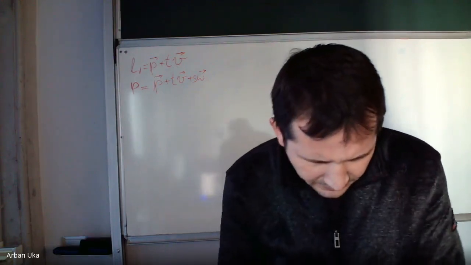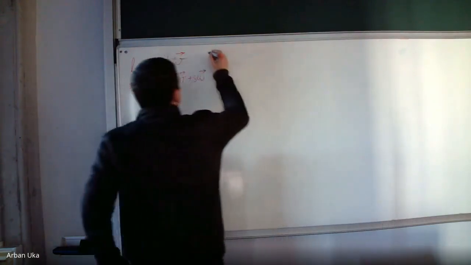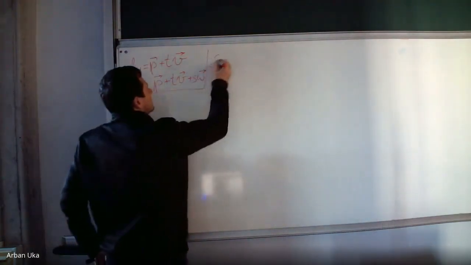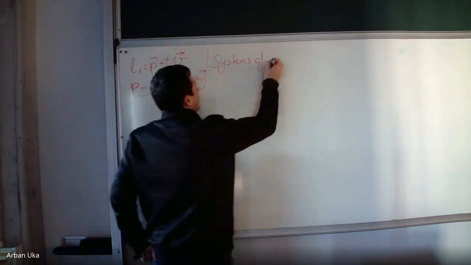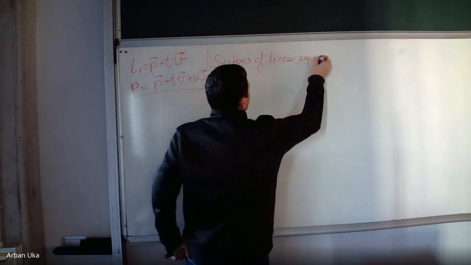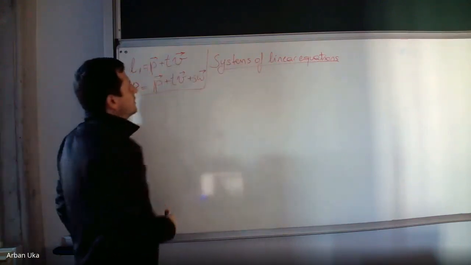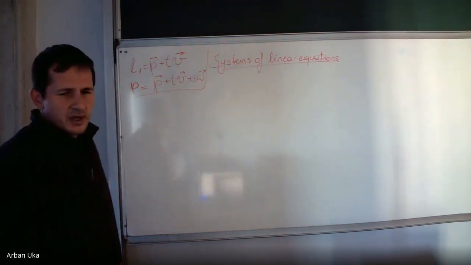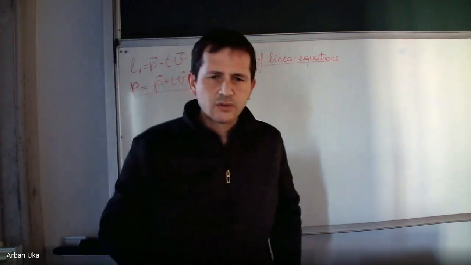Okay, so today we're going to talk about the systems of linear equations. Now we know that a linear equation is one where all variables are to the power 1.